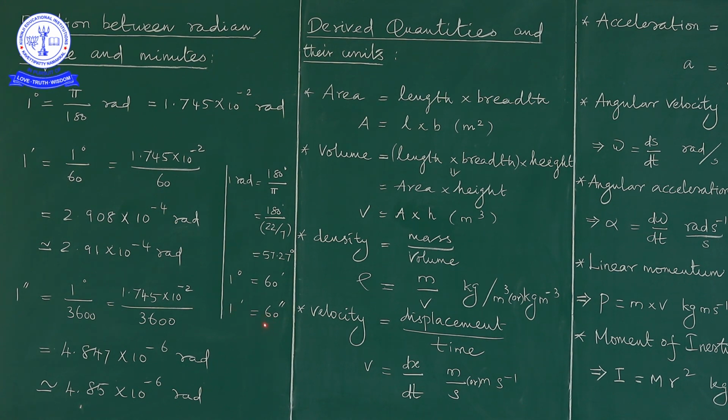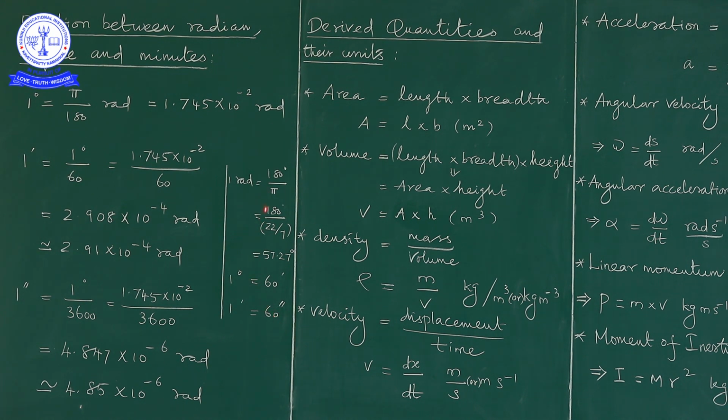In the clock also the same value will express. So we conclude that 1 radian is equal to 57.27 degree, and 1 degree is equal to 60 minutes as well as 1 minute is equal to 60 seconds.